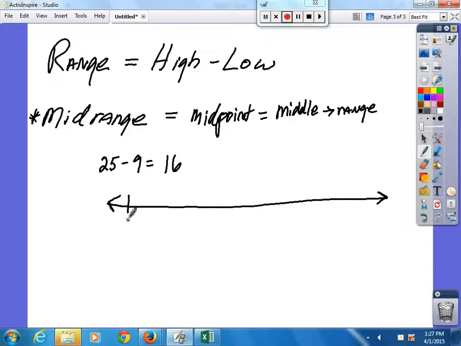The bottom is 9, and the top is 25. So that's how you use your highest and your lowest. The mid-range, 25 plus 9 is 34, divided by 2 is 17, so the middle is 17, and you set up your number line doing this.